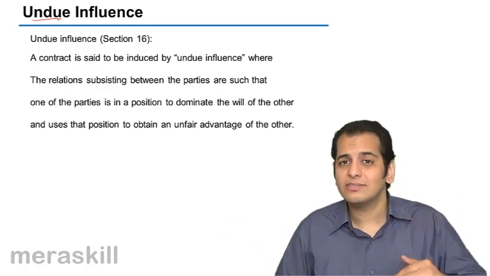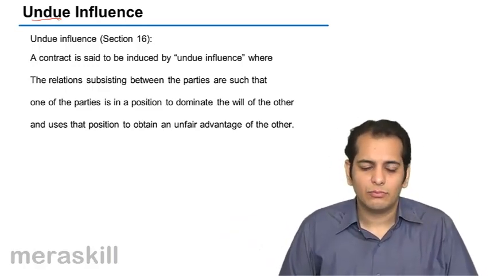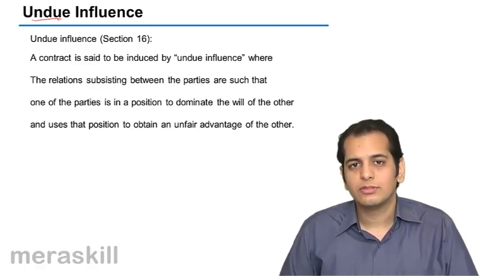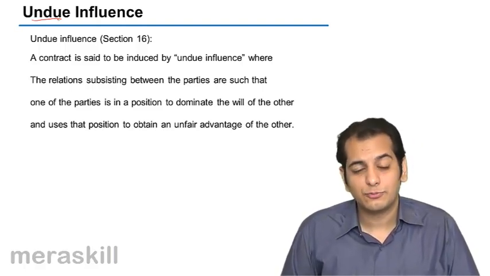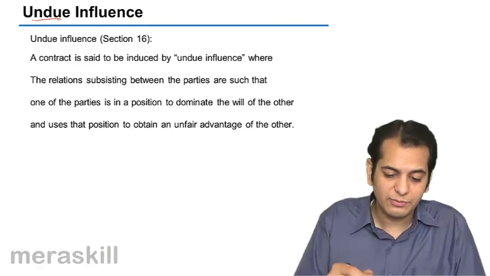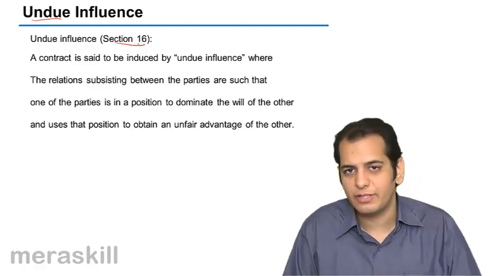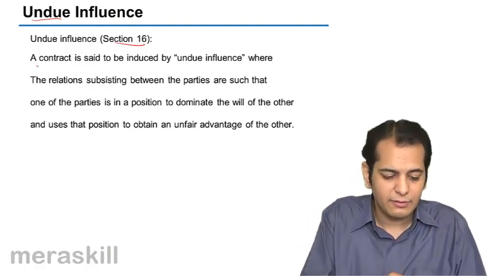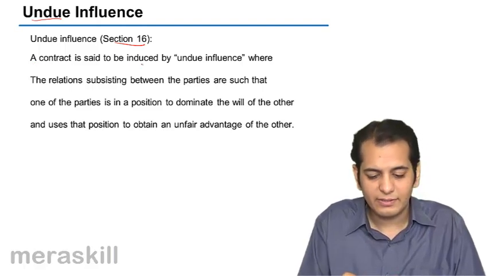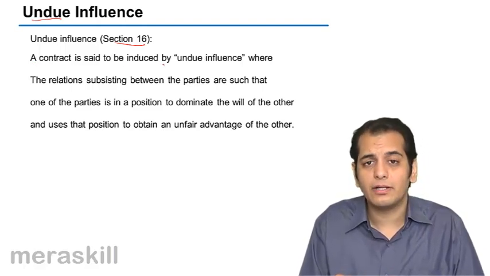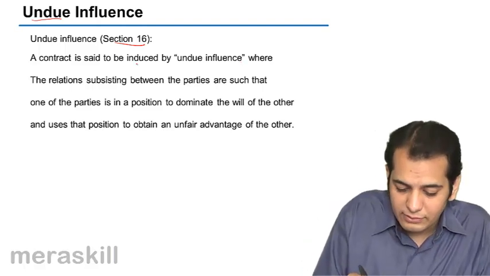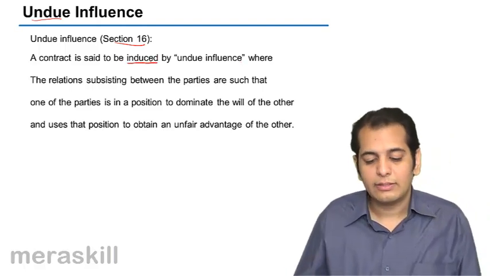Now let us understand what undue influence is as per the Indian Contract Act. It has been defined in Section 16 of the Act. How is it defined? A contract is said to be induced by undue influence. Now please mark the word induced.